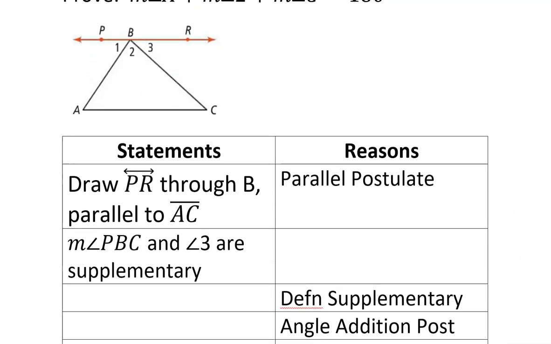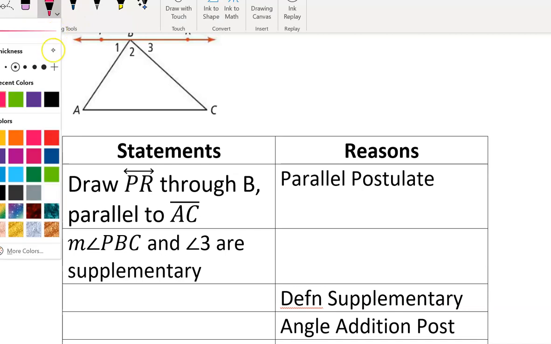So it says draw line PR through B parallel to AC, and that's using the parallel postulate that we have in our notes. The next statement says the measure of angle PBC and angle 3 are supplementary. The measure of angle PBC is this one right here.